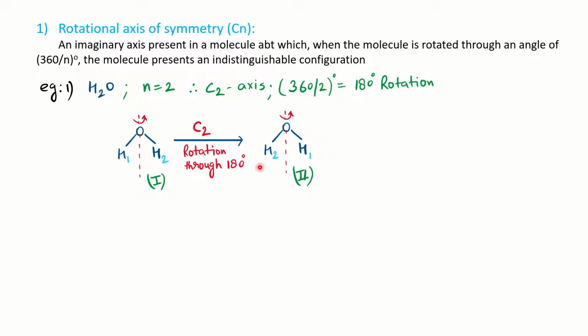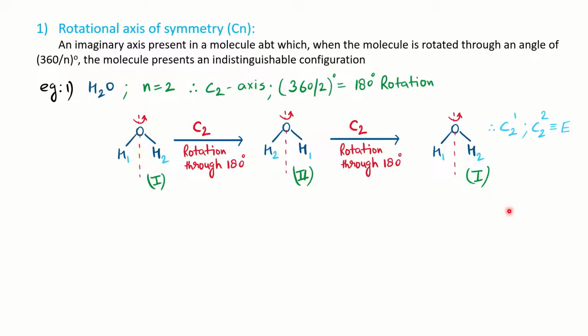So now this is not indistinguishable with respect to the first configuration. So we rotate it again by 180 degrees, and you can notice that we get the molecular configuration which is indistinguishable with respect to the first one. So both are the same. Now we have rotated it 2 times, so we can say here you have a C2 axis of rotation.